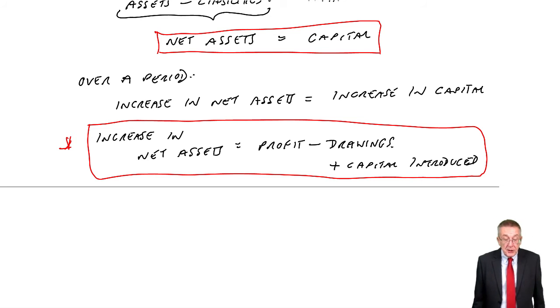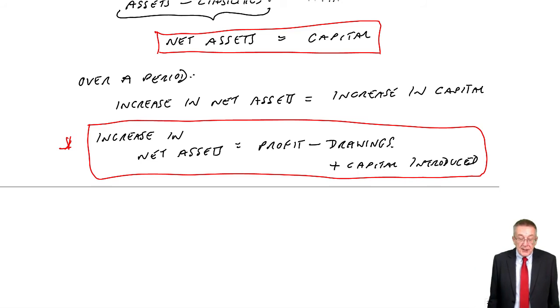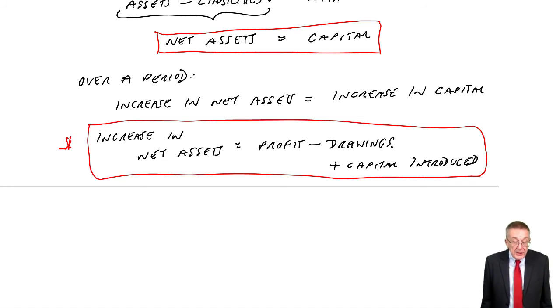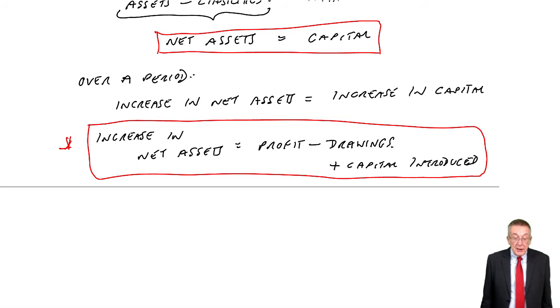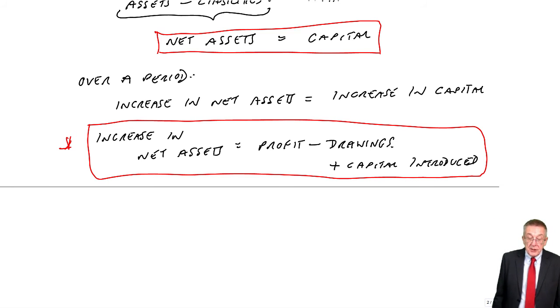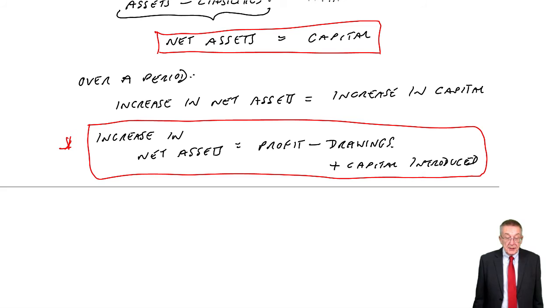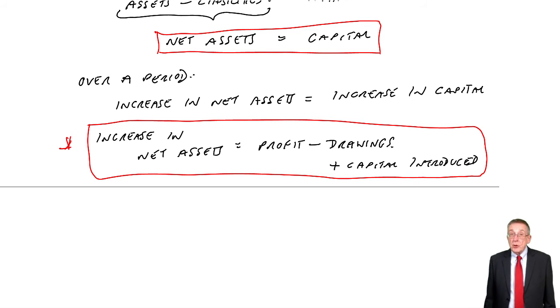On the 1st of January, the net assets of a business were 25,000. On the 31st December, they'd increased to 32,000. During the year, the owner had introduced more capital of 10,000 and has made drawings of 7,000.